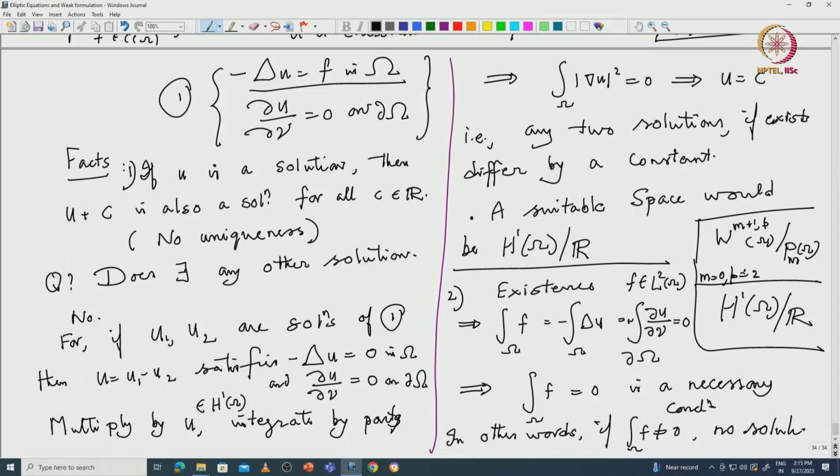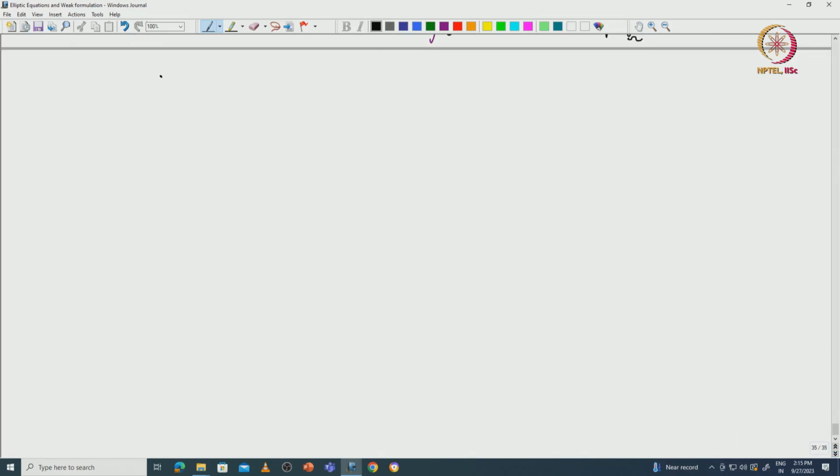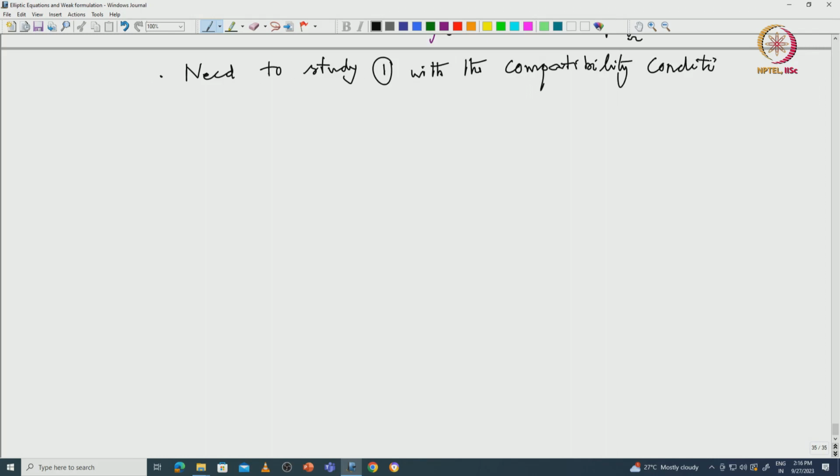So, we need to study this equation with this, which is called the compatibility condition, because it is a necessary condition, you have to impose it. Compatibility condition: integral of f equal to 0.